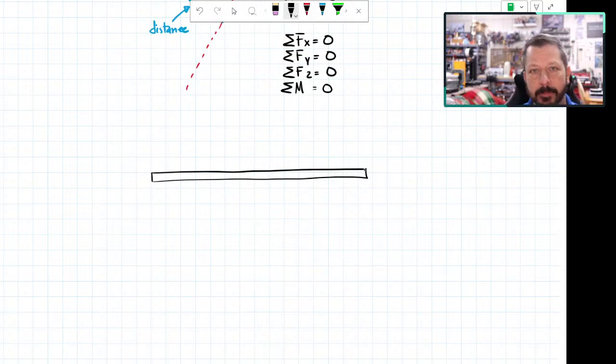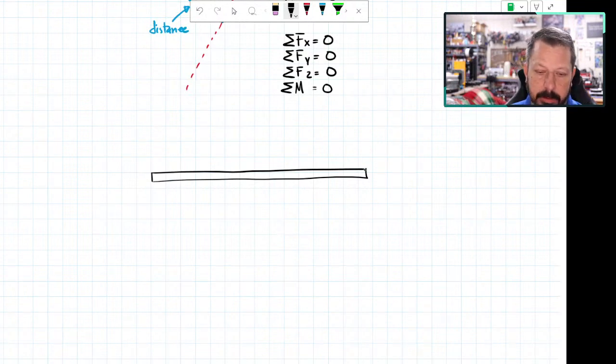We have to start worrying now about how this beam is fixed in space. When we had concurrent force systems, we had cables and chains and ropes and things like that holding stuff in place, or maybe it was sitting in a little trough or whatever. Now we've got more complex structures, and we might have more complex fixturing.